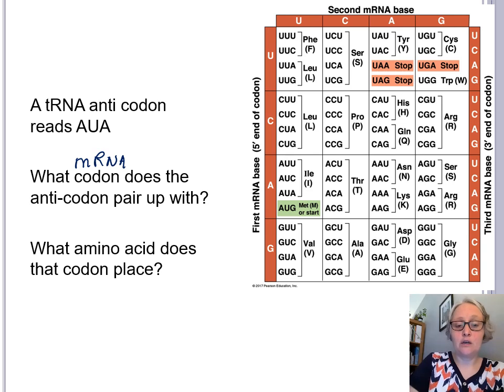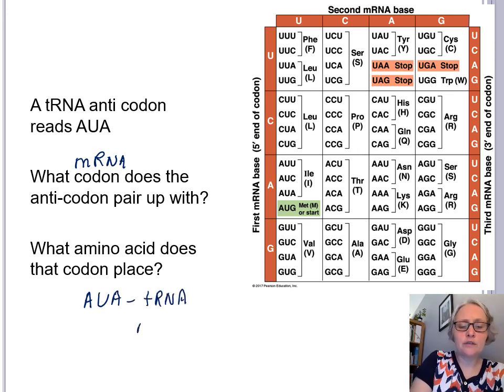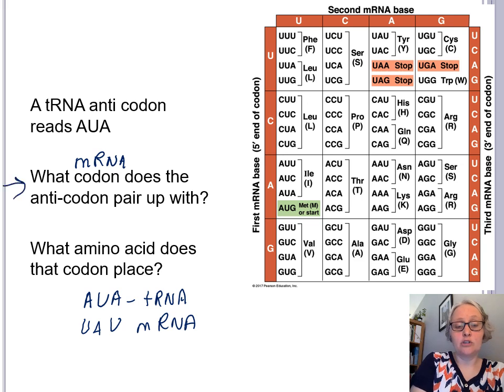So if my tRNA reads AUA, we can just use our base pairing rules to figure out what the mRNA molecule would read. So A's would match up with U's because this is an RNA molecule. So the answer to this second question, what codon does the anticodon pair up with? It pairs up with the codon UAU.